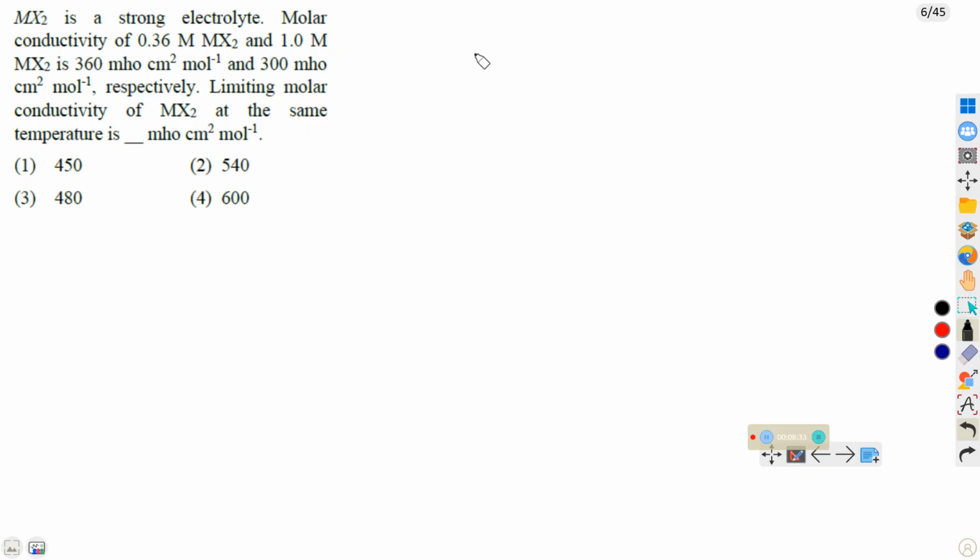According to Debye-Huckel's equation, Λm = Λ°m minus k into square root of c.